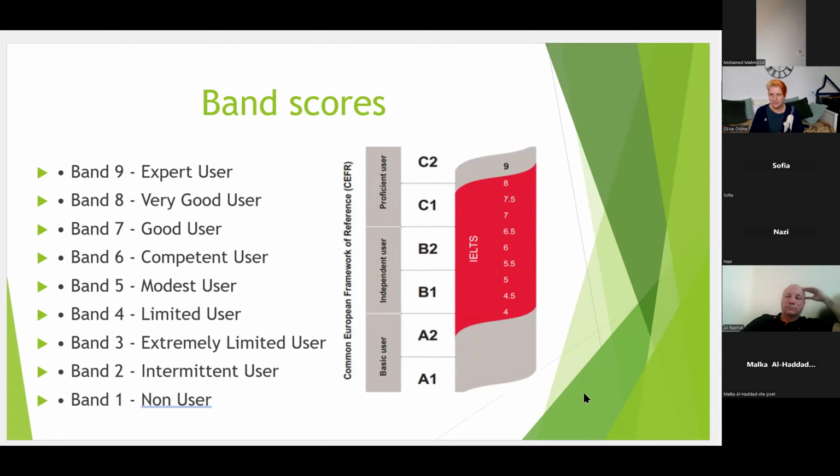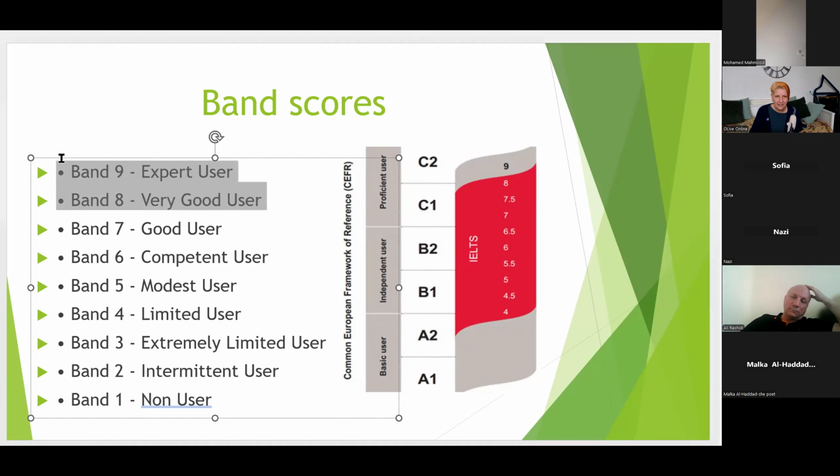And here's the crazy thing. There's only one exam to cover all these levels. Crazy, right? So, like I said, unlike any other exam you've ever taken, this one you will be expected not to be able to answer some of the questions, because some of those questions are written to distinguish between the band 8 and 9 users.